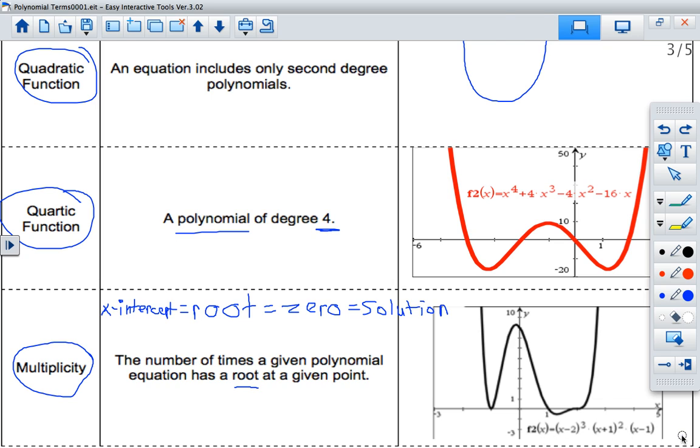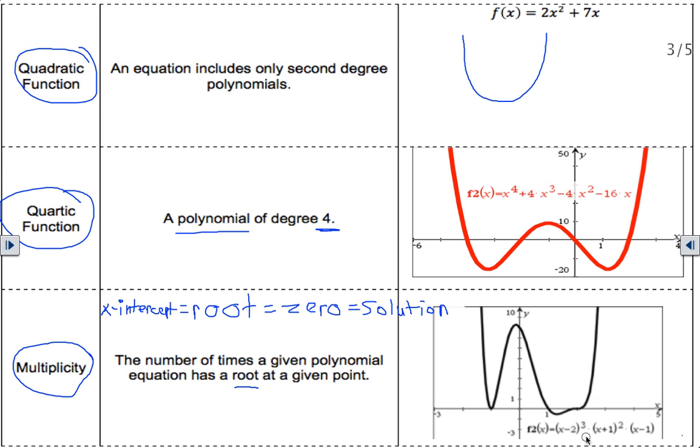All right, so let's look at this. So we have this equation here, and notice this is in factored form of a polynomial. It's not written with everything multiplied together in one big, long, crazy equation. Notice you have x minus 2 raised to the third power times x plus 1 squared times x minus 1.